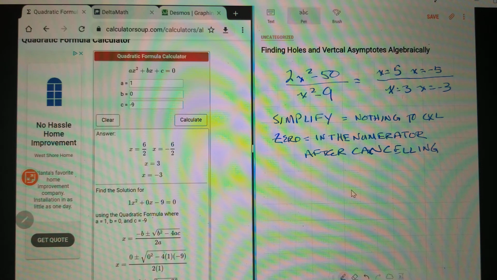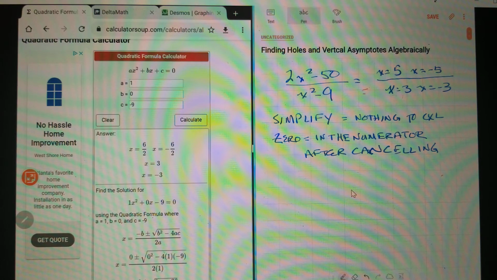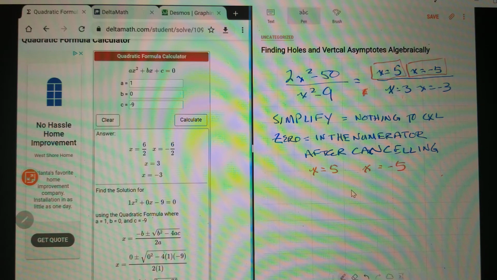Okay, so there's our numerator. I got my red pen out, but there's nothing to cancel. So these are going to be remaining in the numerator after canceling. So we have x equals 5 and x equals negative 5. All right, so there's our answer.